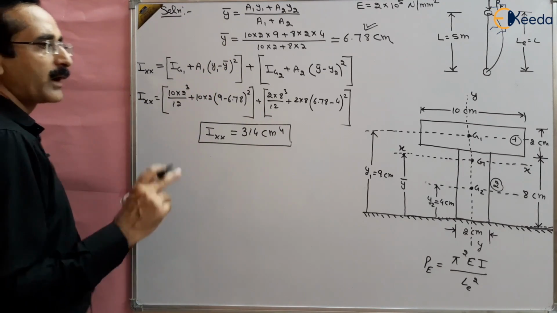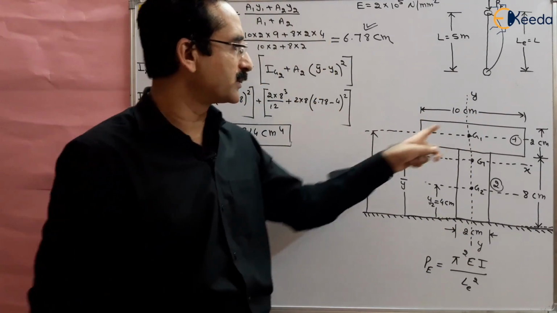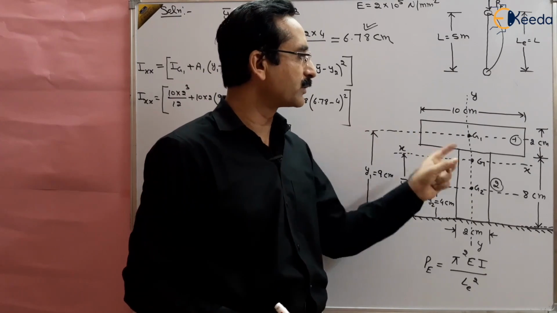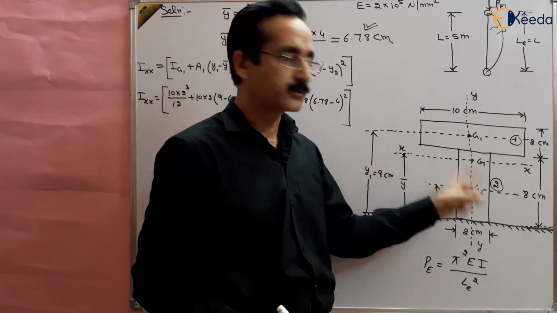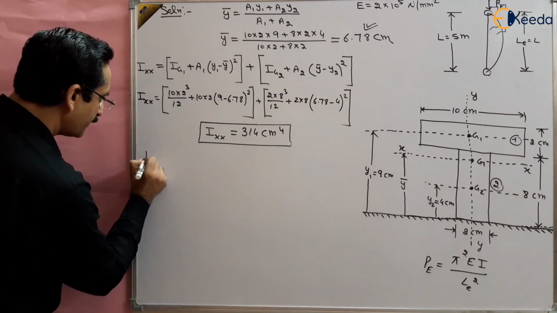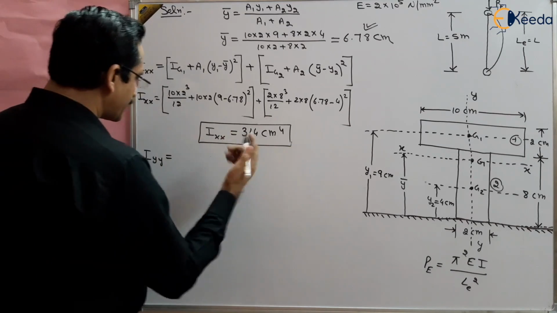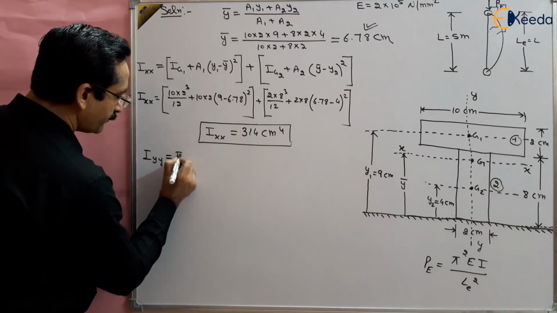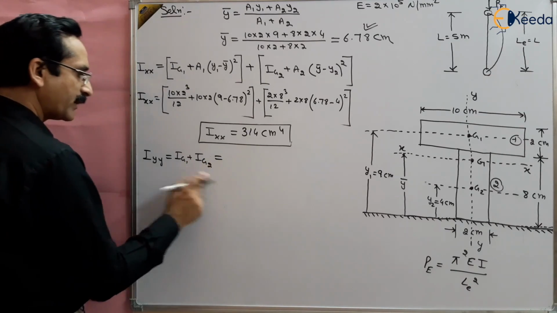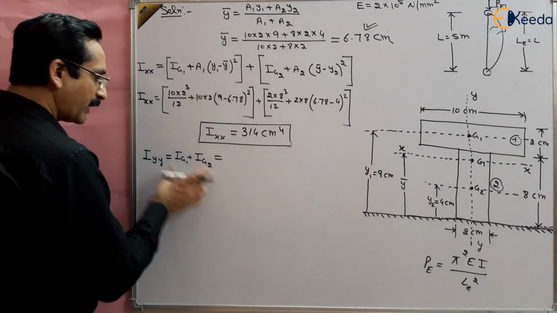Now we will find Iyy. You can see here that the YY axis already passes through the centroid of both bodies, body 1 and body 2. So there is no need to use the parallel axis theorem. So Iyy will be equal to Ig1 plus Ig2 about the YY axis, in the Y direction.